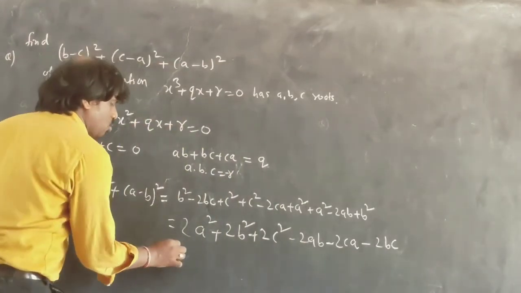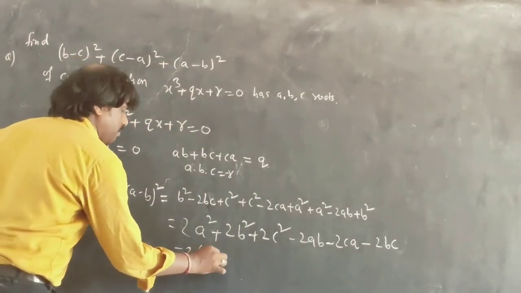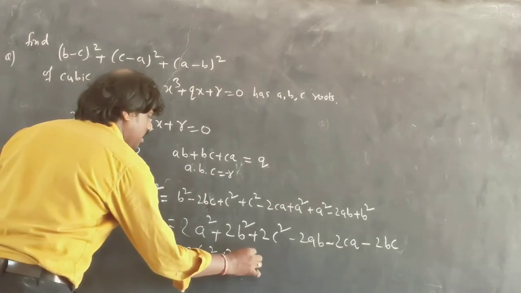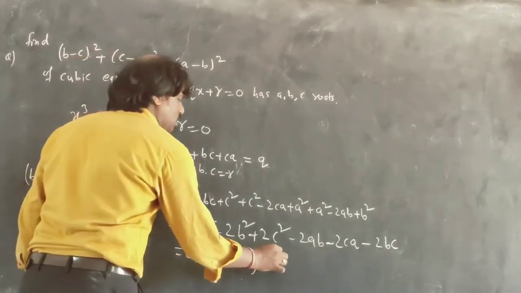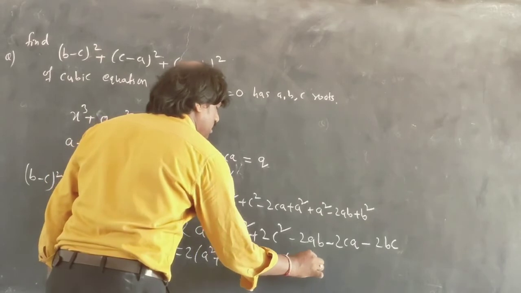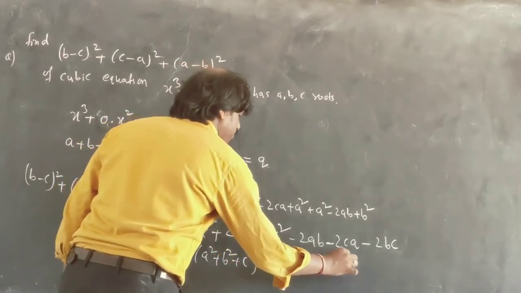Now you can take 2 common: a square plus b square plus c square minus, taking 2 common, ab plus bc plus ca.